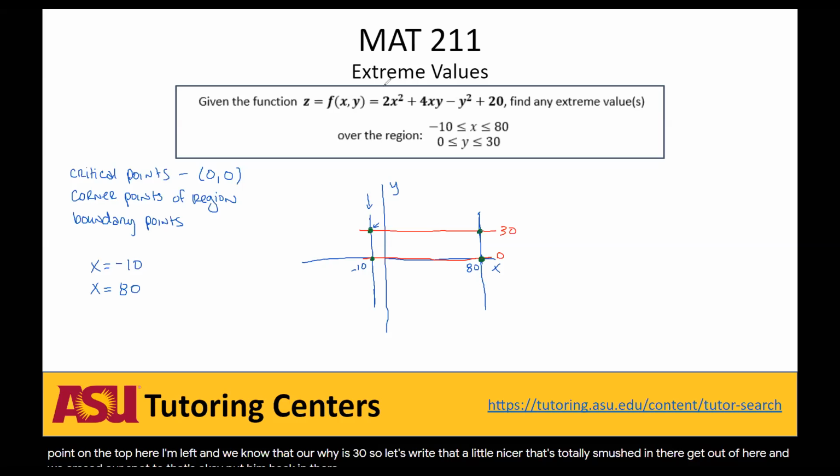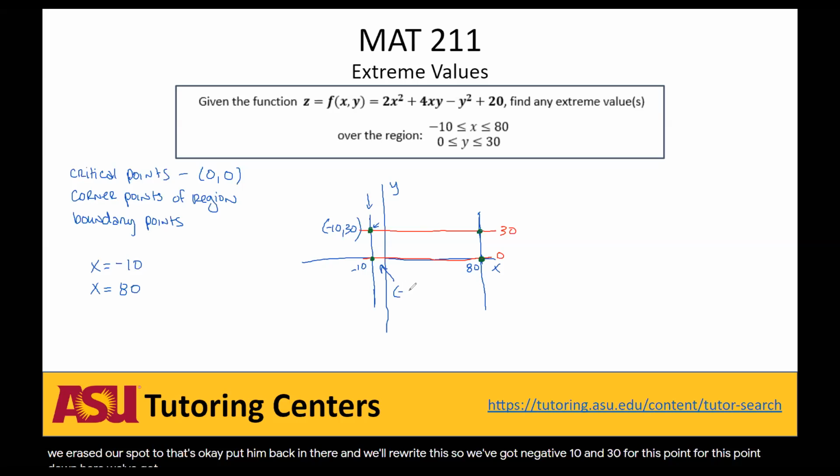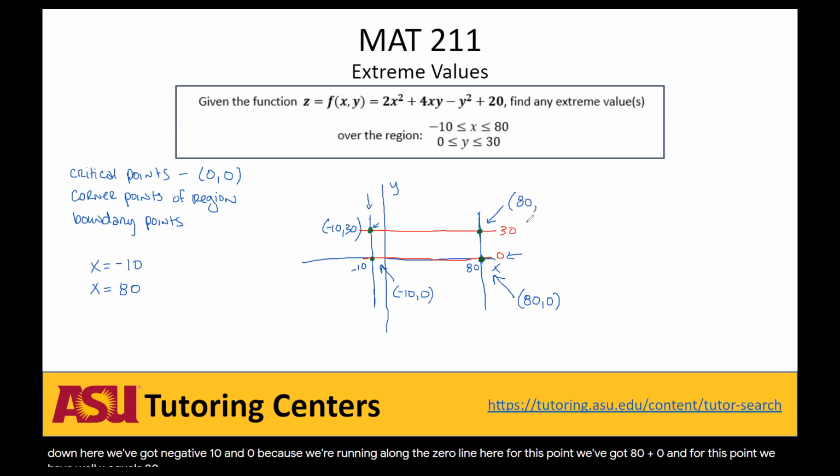So we've got -10 and 30 for this point. For this point down here, we've got -10 and 0 because we're running along the 0 line here. For this point, we've got 80 and 0. And for this point, we have x equals 80 and y equals 30. So those are our 4 corner points.